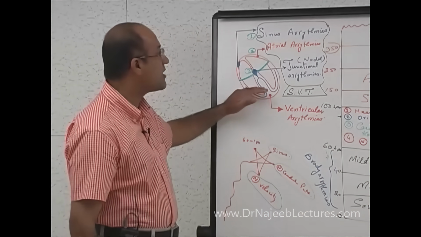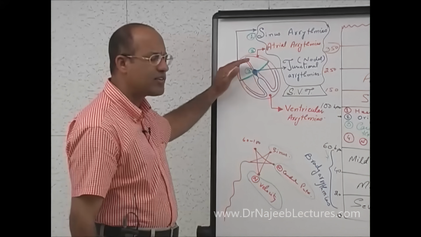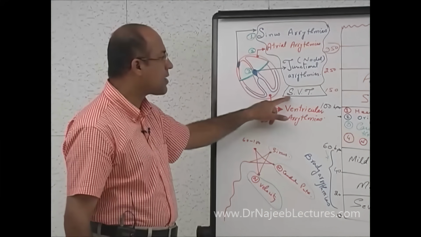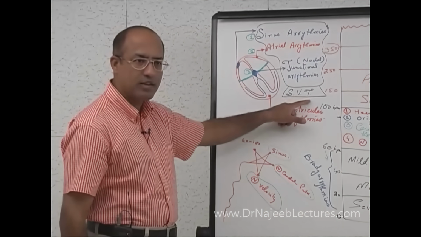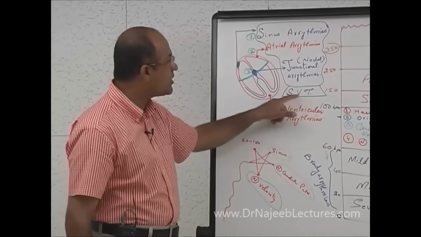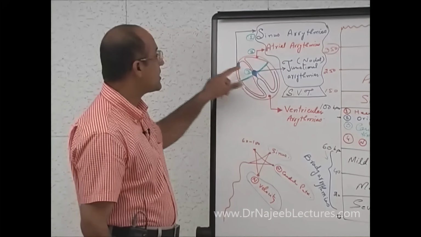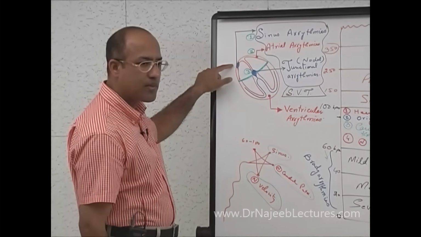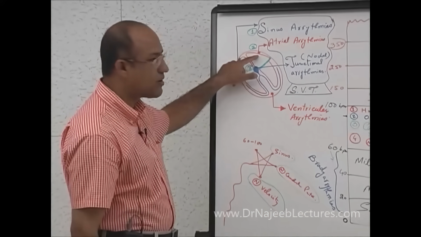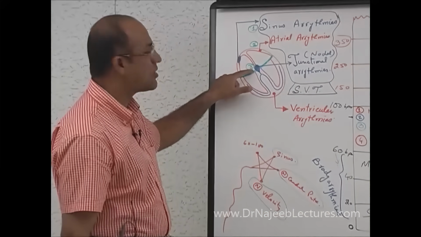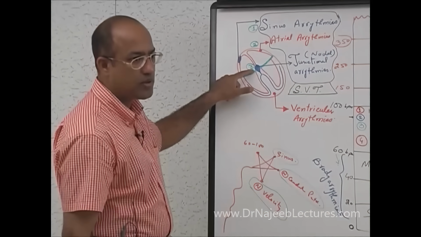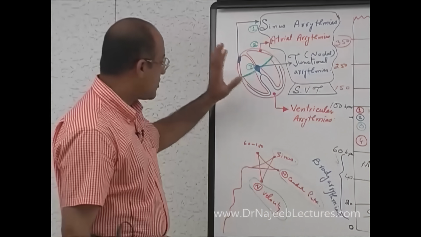And tachyarrhythmias which take origin above the ventricles are called supraventricular tachyarrhythmias, which are either taking origin from the SA node, or from the atrium, or from junctional tissue. Is it clear? Right.